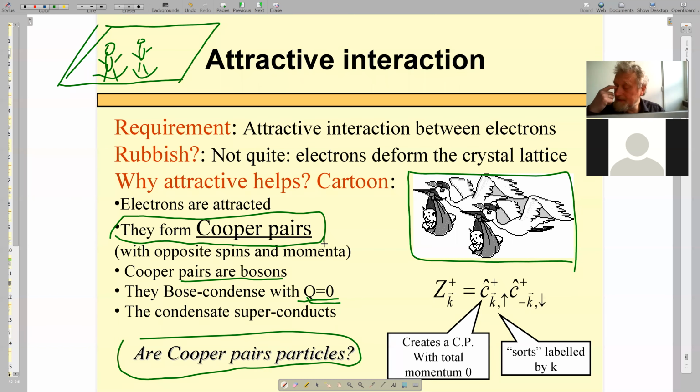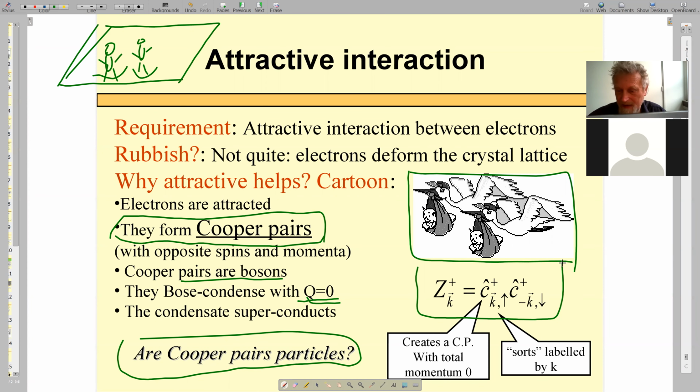And let us express these pairs in terms of our friends, creation, annihilation, operator. Then I understand that these operators, zeta, actually creates a Cooper pair.